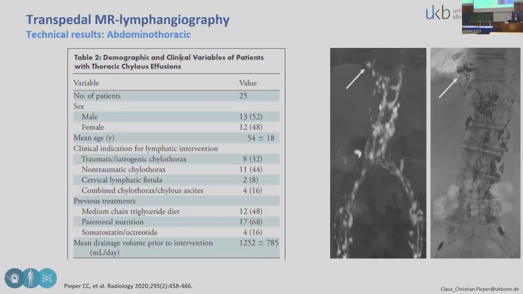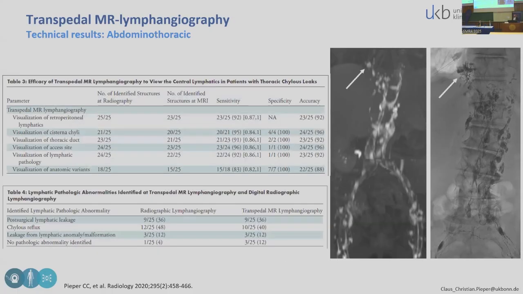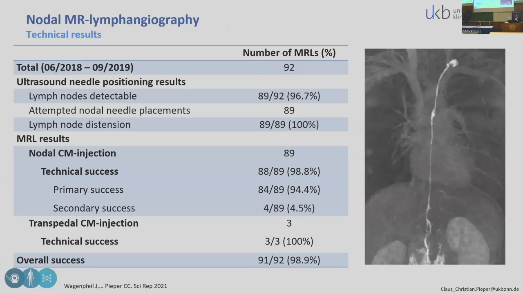Well, for transpedal MR lymphangiography, when we are looking at the central lymphatic system in patients with chylothorax, we see that for all anatomical structures as well as the pathology, the accuracy compared to the gold standard conventional lymphangiography is around and above 90%.